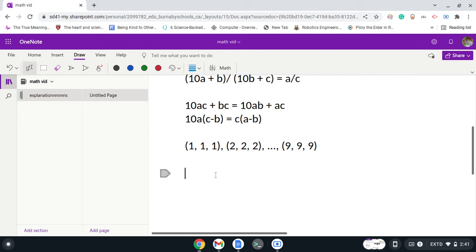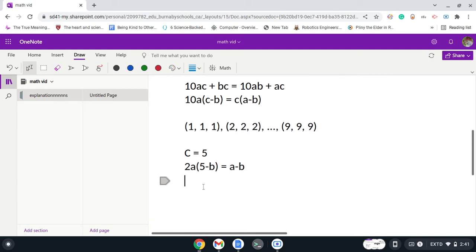So the first case is if c is equal to 5. If c is equal to 5, that would mean 10a times 5 minus b is equal to 5 times a minus b. So that simplifies to 10a minus a is equal to 2ab minus b.